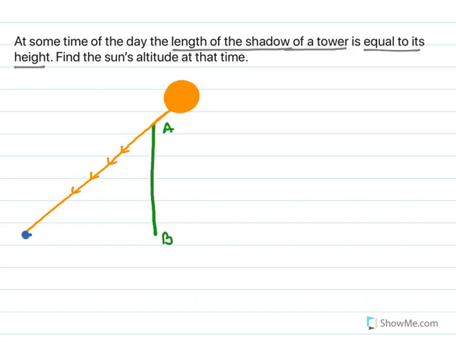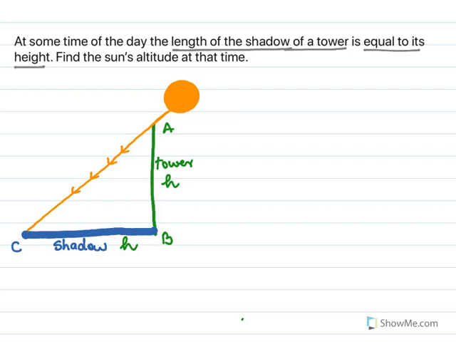Just draw it a little thicker, this would be the shadow of this tower. So here is the shadow, and this is the height of the tower. Now they are equal, so if the height of the tower is h, the shadow is also h.